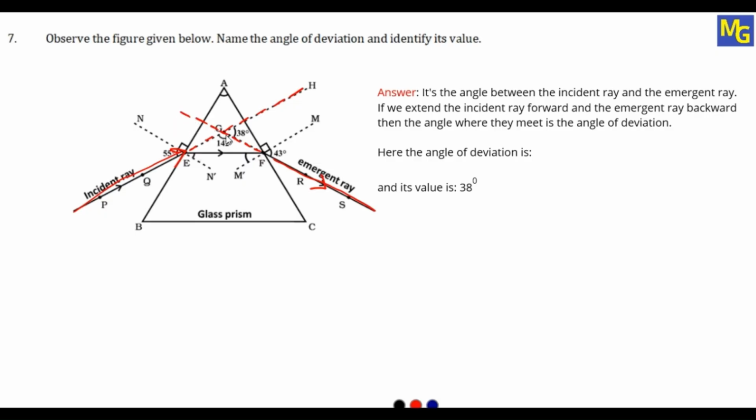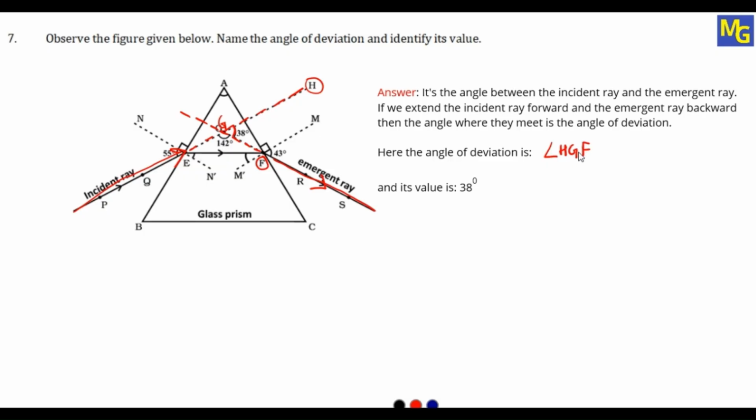Both lines will intersect here, and this is the angle which will form. So the angle H, this is G, and this is F. So angle HGF is called angle of deviation. So here I can write, the angle of deviation is angle H, G and F.